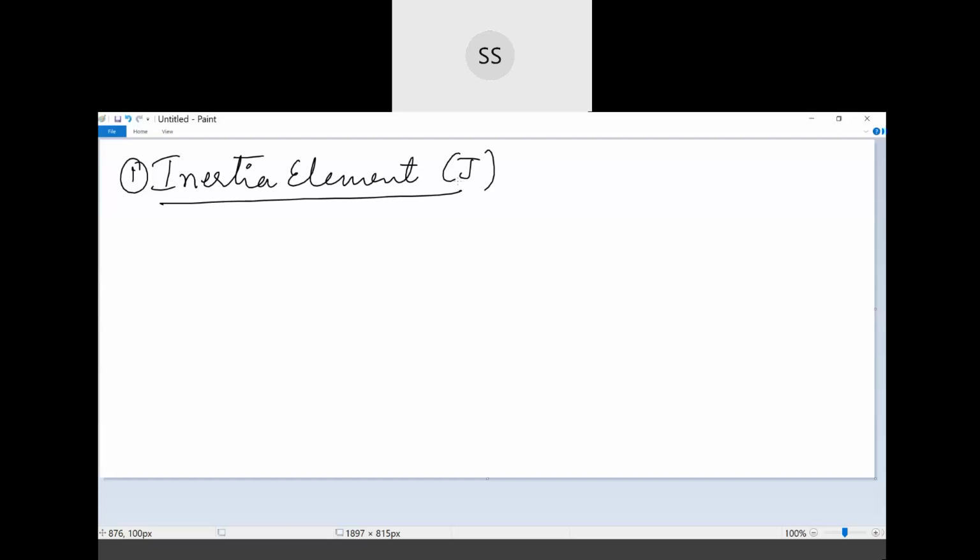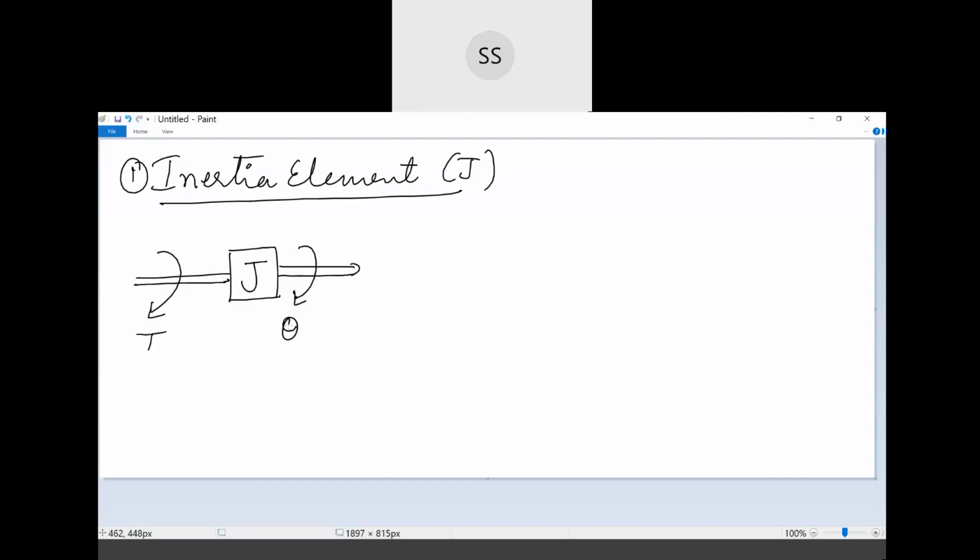So here assume that this is the shaft connected and this is the element J, and this is again the shaft part. Now this element J is applied with the torque T. Because of this the mass will be put into rotation.